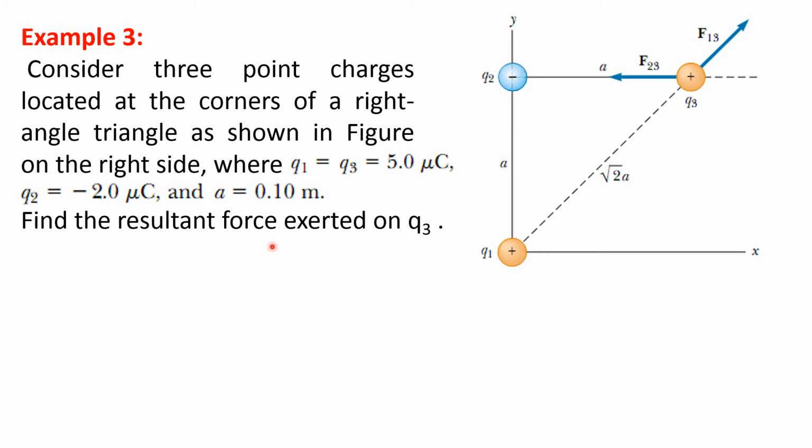Here we are asked to determine the force on charge Q3. This means that charge Q3 is the charge of interest. The charge Q3 is positive, the charge Q1 is positive. This means that charge Q1 will repel charge Q3. This is because like charges repel each other.